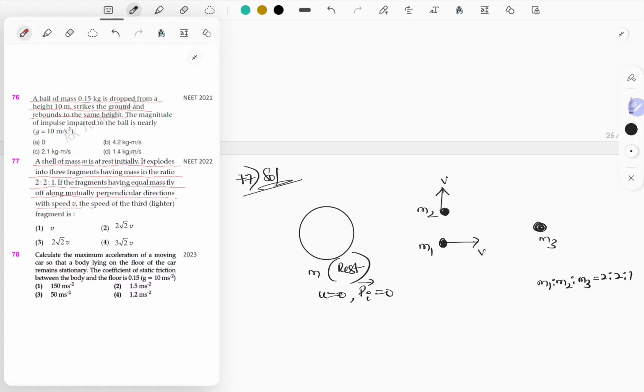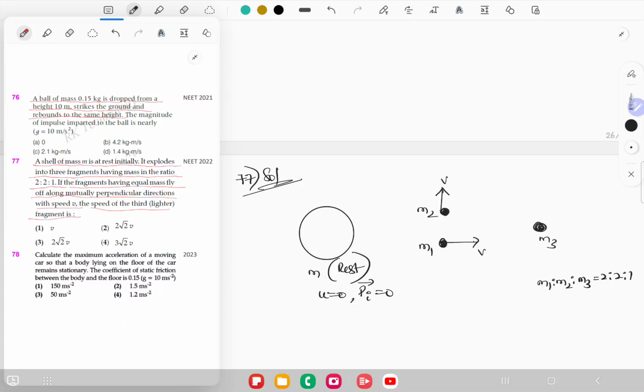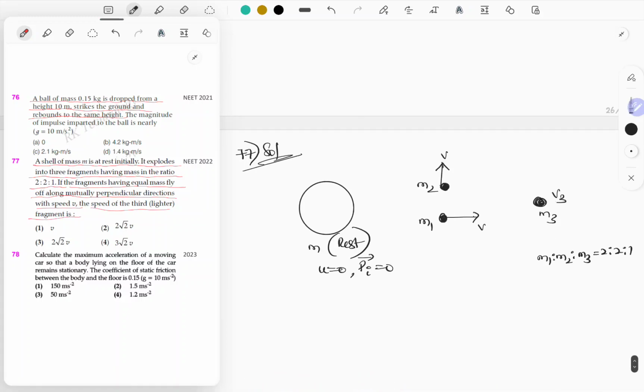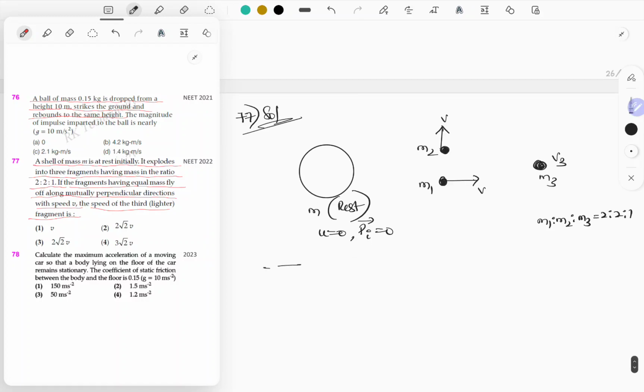Now what's the question they're asking? The speed of the third fragment. I don't know the speed of the third fragment, that is going to be represented here with v3. As this bomb is exploding because of internal forces, the external force acting on that block is 0. As external force is equal to 0, change in momentum is equal to 0.